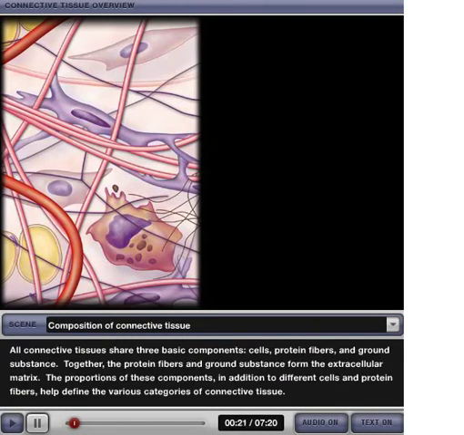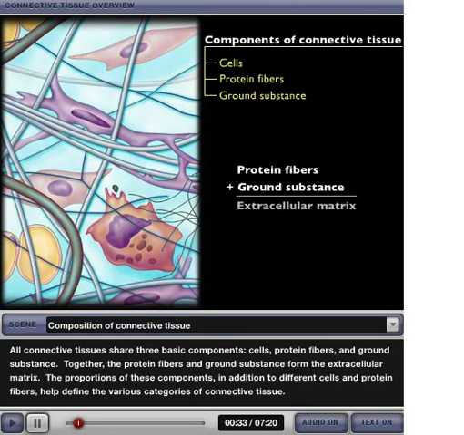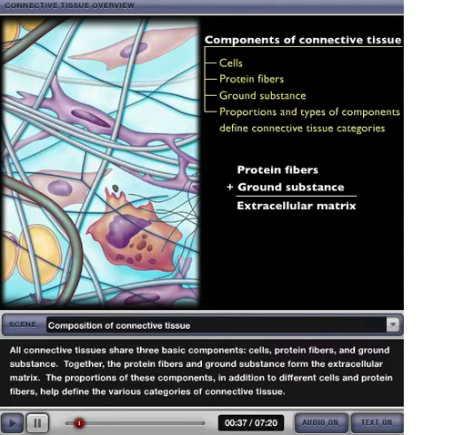All connective tissues share three basic components: cells, protein fibers, and ground substance. Together, the protein fibers and ground substance form the extracellular matrix. The proportions of these components, in addition to different cells and protein fibers, help define the various categories of connective tissue.